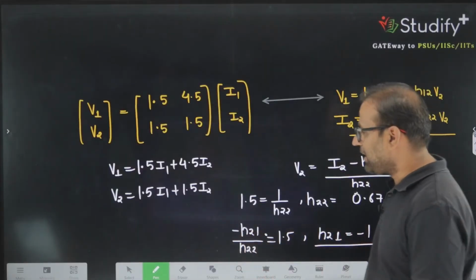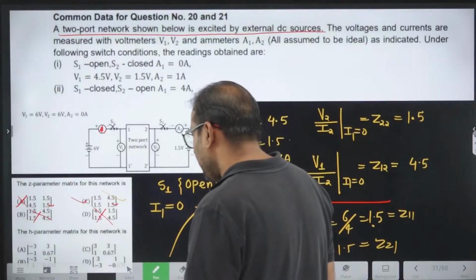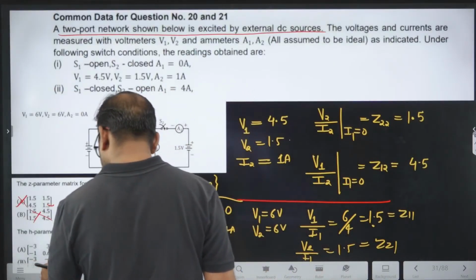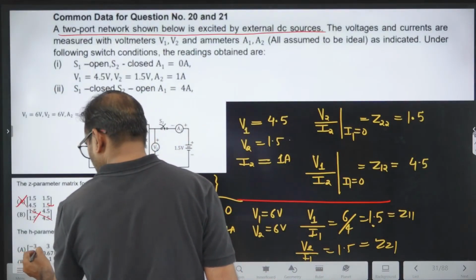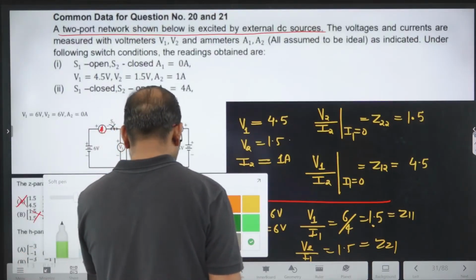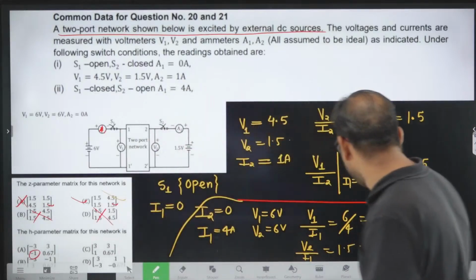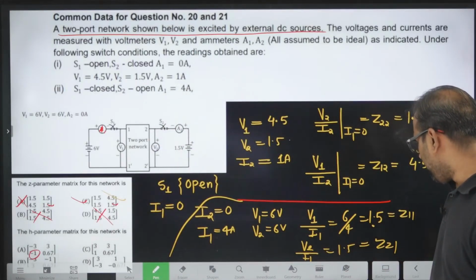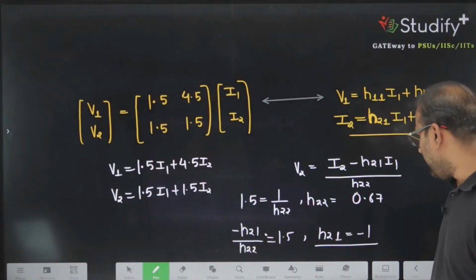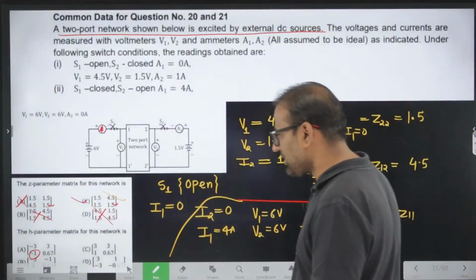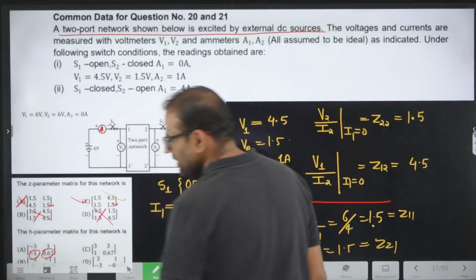H21 is equivalent to minus 1. So let's look at this. H21 is minus 1. Only this gives you that. And one more parameter you can match. The value of H22 is 0.67, and here you can say H22 is 0.67.